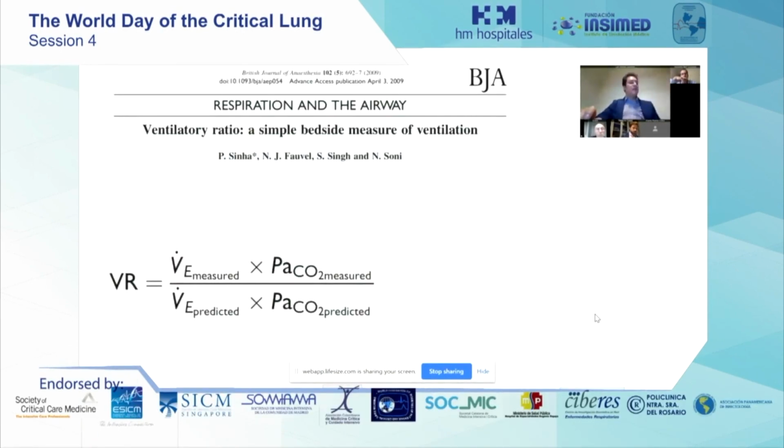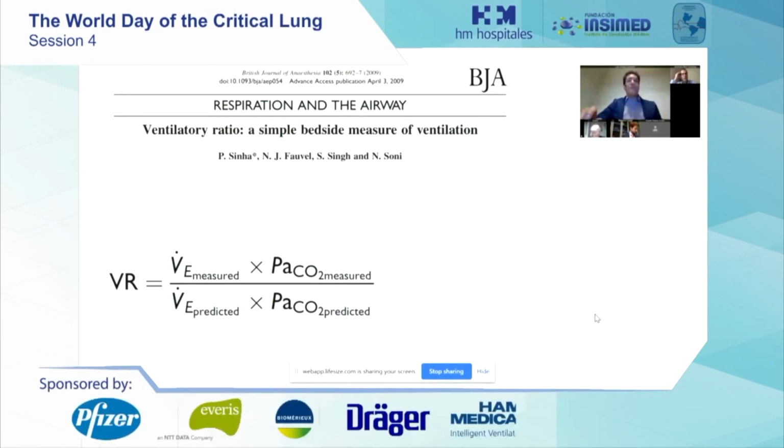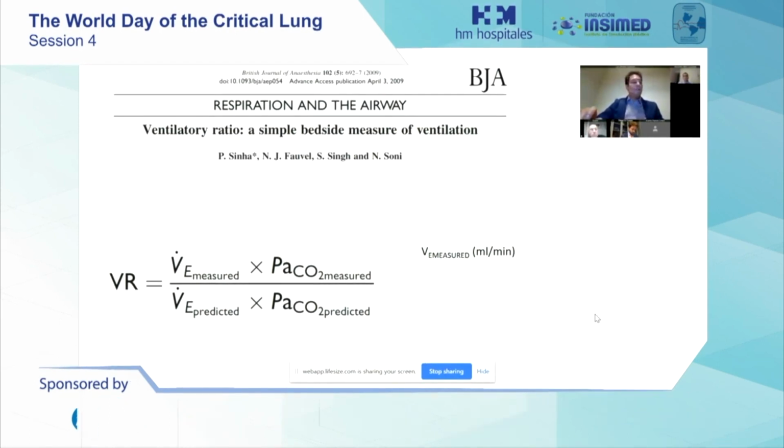Recently, a clinically practical method, called the ventilatory ratio, or VR, has been validated for estimated pulmonary dead space. It can be calculated using routinely measured respiratory variables at the bedside. As you can see here, VR is described by the following formula, where VE measured is the minute ventilation that you can measure at the bedside with a ventilator.